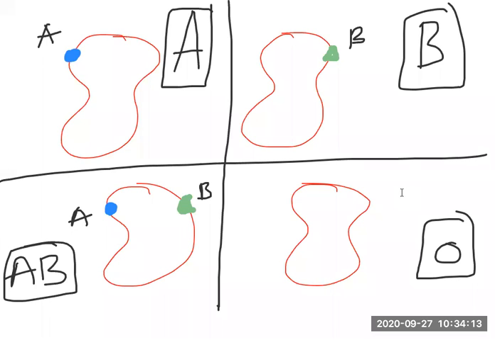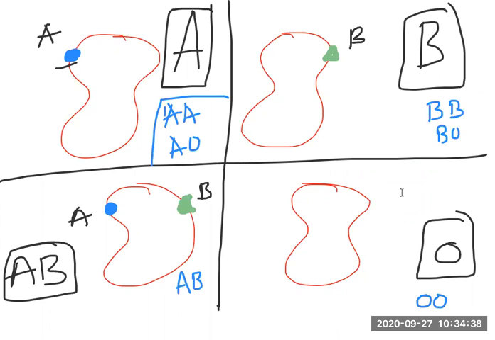When you write their genotype, there are two possibilities. I am writing genotypes here: AA, homozygous A, or heterozygous A; homozygous B or heterozygous B; then AB; then O. These are the possible genotypes in this case.